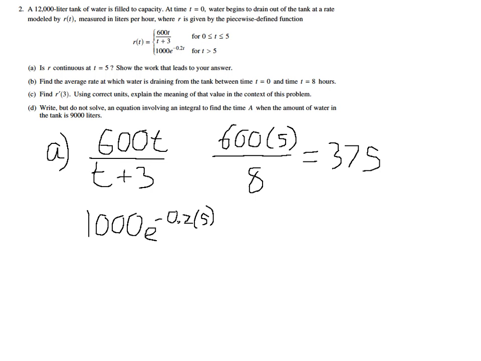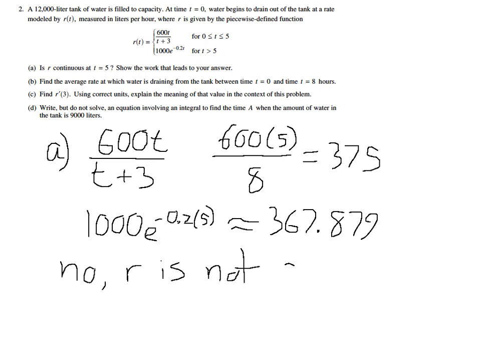which, since this is a calculator allowed question (the first 2 questions on the 2011 exam are calculator questions), I'm just going to plug into my calculator, and we get an approximate answer of 367.879. And those aren't the same, so my answer would be no, R is not continuous at 5.